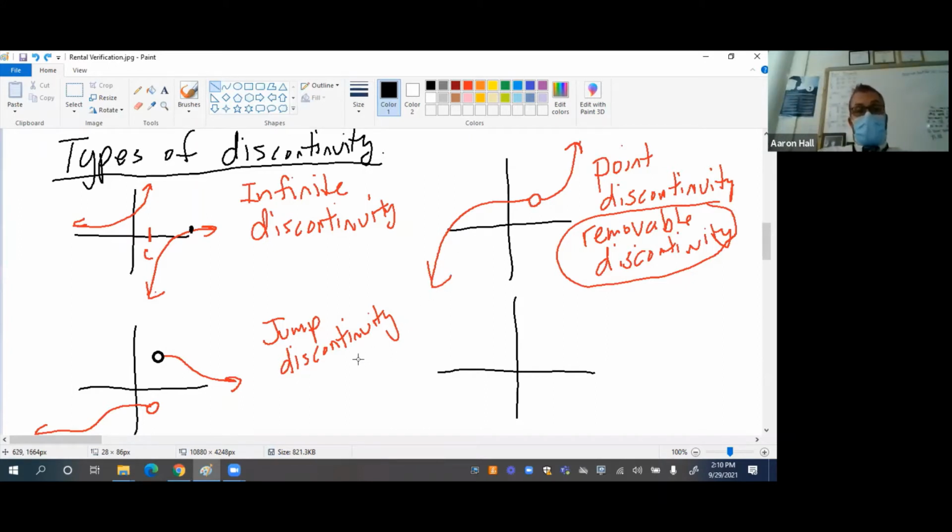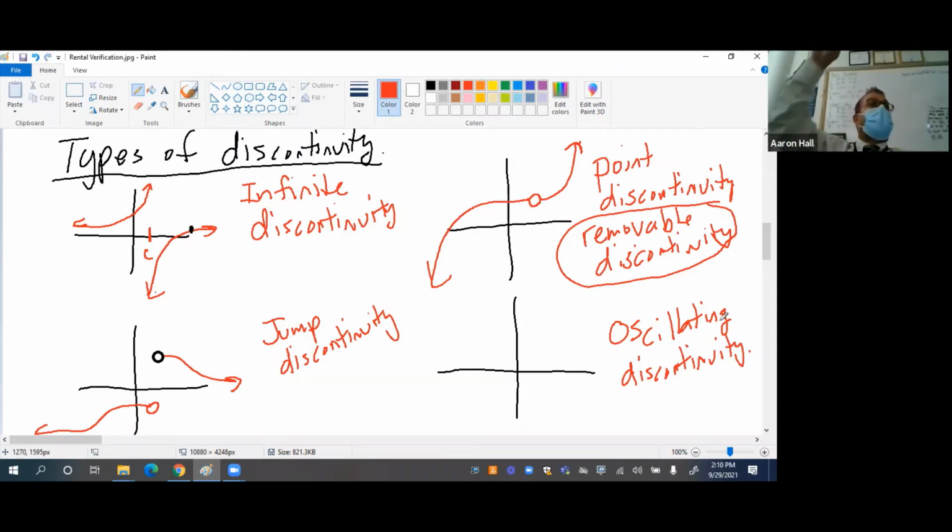All right, the last one. The last one is called an oscillating discontinuity. What does oscillate mean?